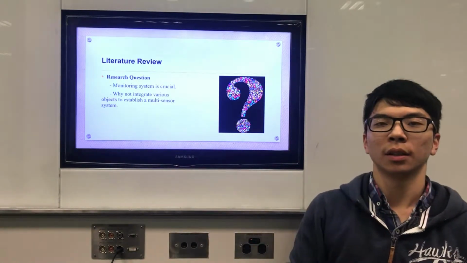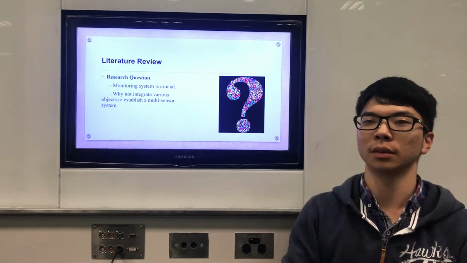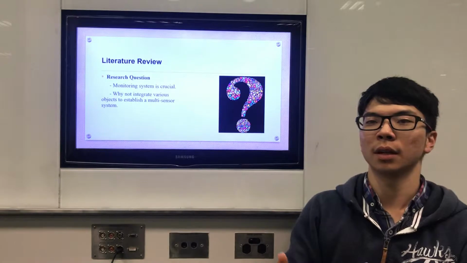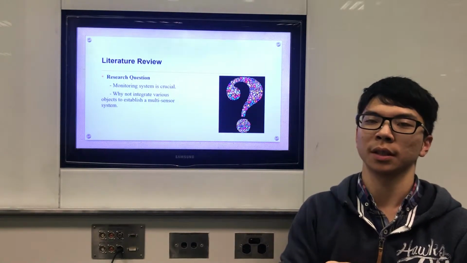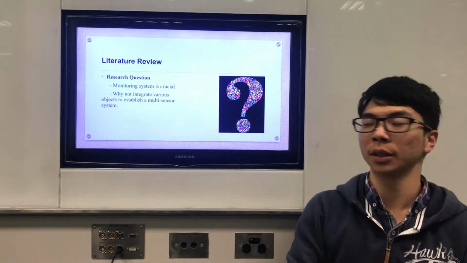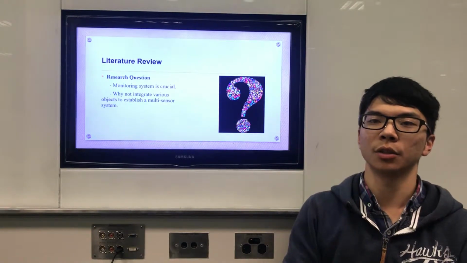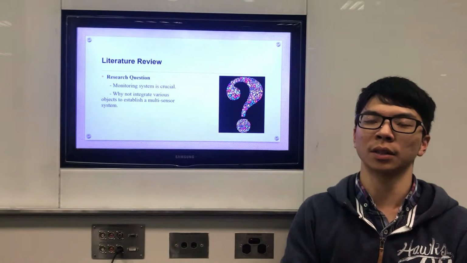However, none of these researchers focus on the whole system. What I mean is that the literature review just focuses on one object. So why not integrate various objects together to establish a multi-sensor system, so you can monitor the whole WAAM process at the same time?